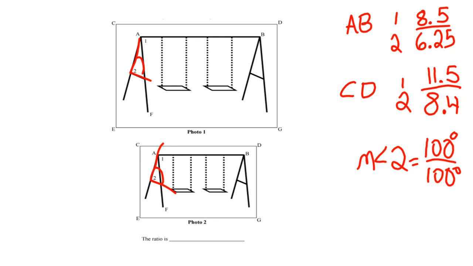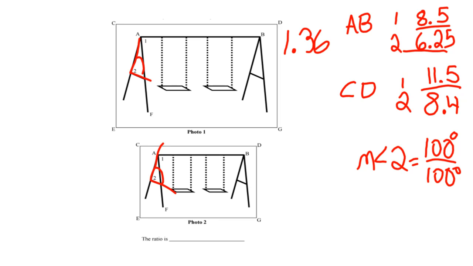That ratio allows us to see this relationship going on here. So if I take this ratio, 8.5 over 6.25, and divide that out just to get some sort of scale factor, I'll get 1.36. That's just my ratio. Millimeters divided by millimeters doesn't have a unit on it. So my ratio is going to be 1.36 for line AB.